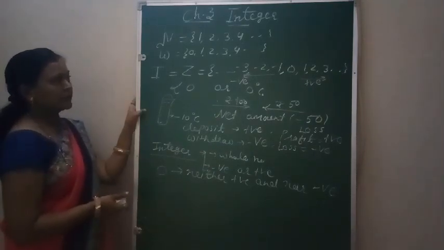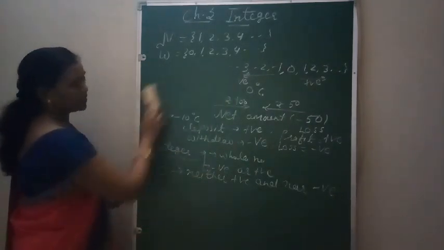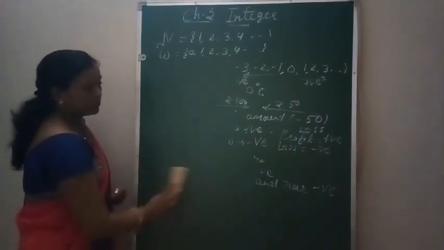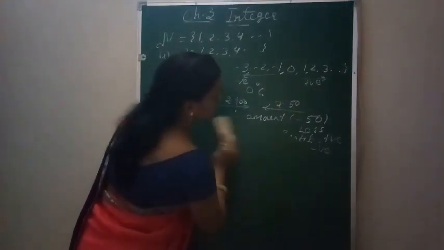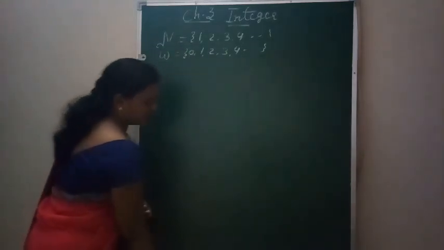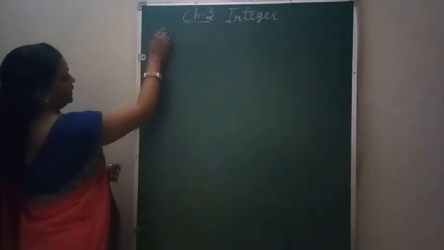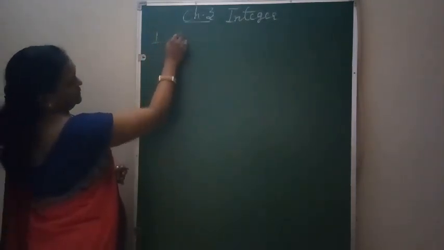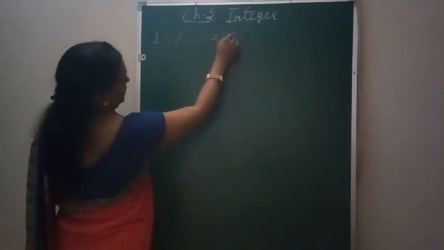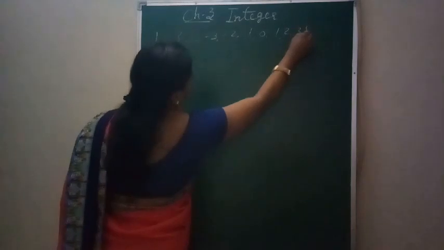Now we will discuss the number line, absolute value, and then the rules of addition, subtraction, multiplication and division. Here the integers are -3, -2, -1 and 1, 2, 3.